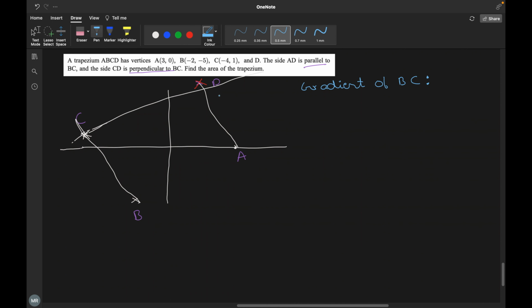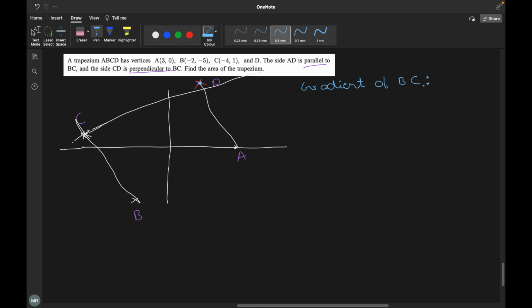So if you've noticed, B is essentially the intersection point of CD and AD. So they have given us this information in order to find the equation of AD and BC in order to find B, which is the intersection.